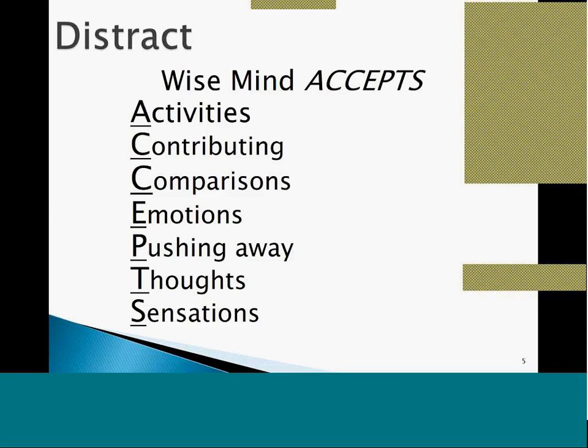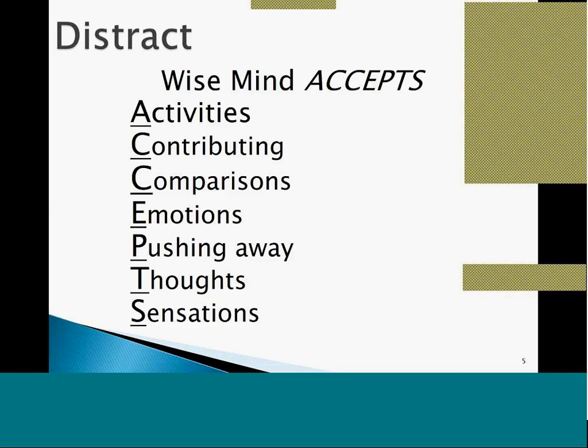It's how to avoid in the short term something causing you a lot of difficulty and stress, and you avoid in a functional, adaptive way. The mnemonic here is to remember the phrase wise mind ACCEPTS, because you're doing this with wisdom and doing this mindfully. So, the many ways in which we could actually functionally distract from stressors.